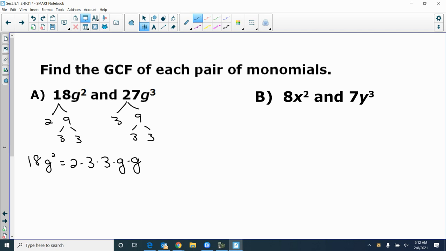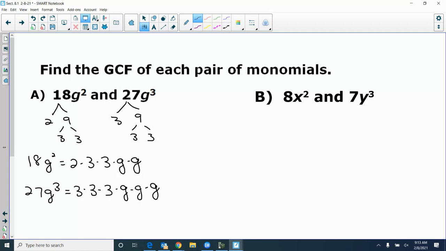Make sure you get that down. For 27g to the third, I get 3 3's, and then 3 g's. Now remember, what are we looking for here? We're looking for what they have in common.